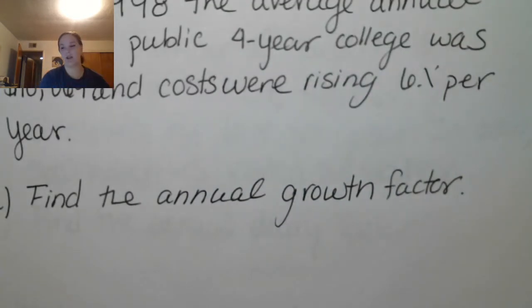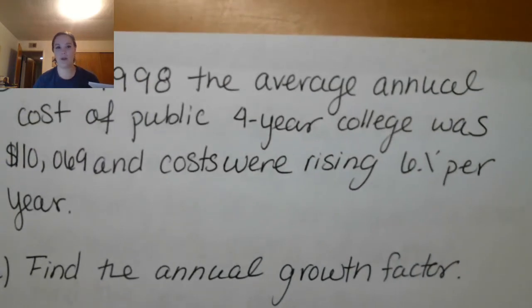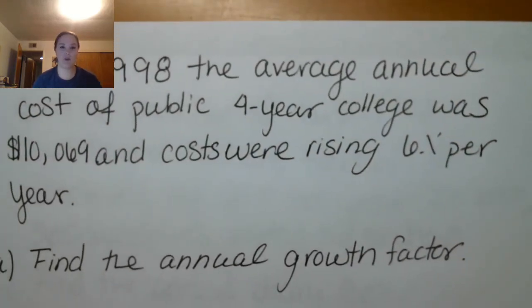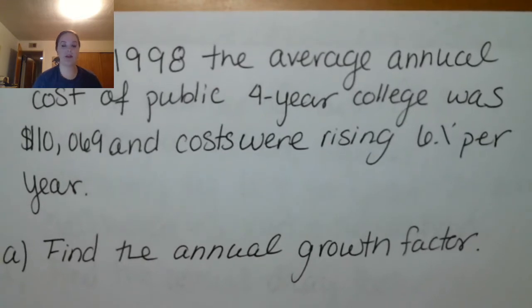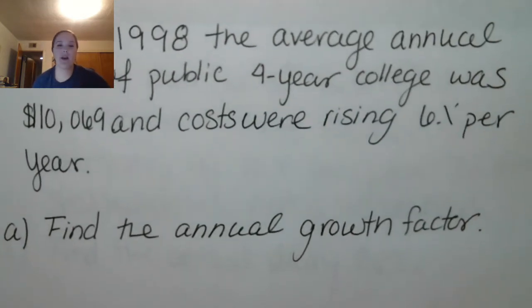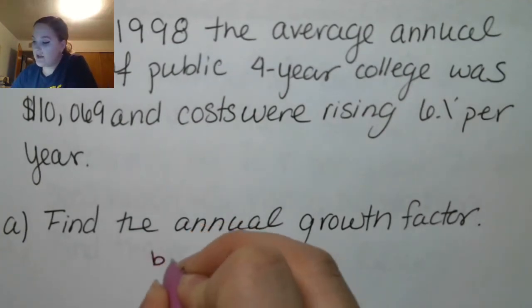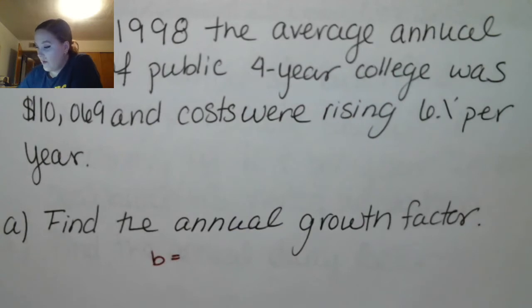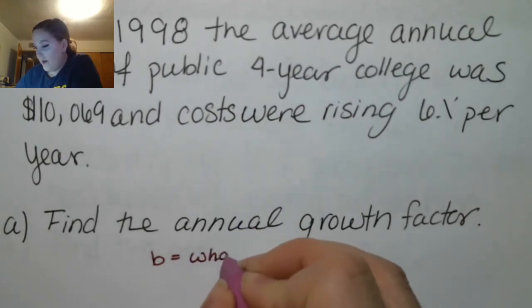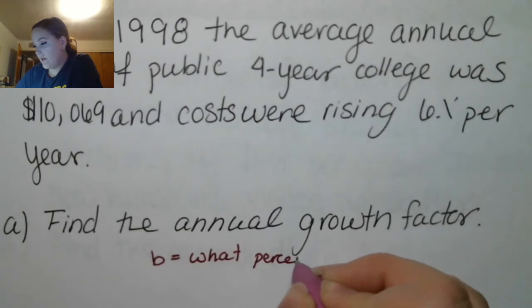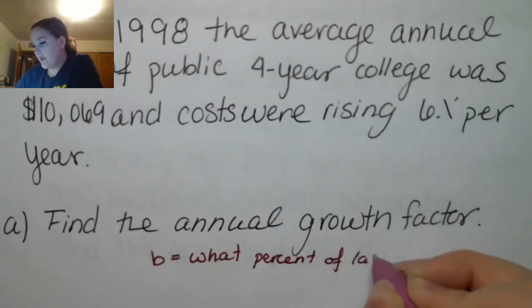Let's look at our next example. In 1998, the average annual cost of public four-year college was $10,069, and costs were rising 6% per year. Part A says find the annual growth factor. So for the annual growth factor here, we want to say that b is what percent of last year.